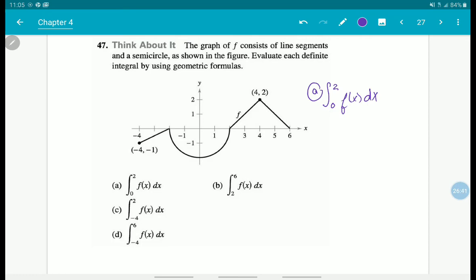So we are integrating from 0 to 2 of f of x, which ends up being this piece. So this guy is a quarter of a circle. We know area of a circle is pi r squared. We want 1/4 of that. And because it's below the x-axis, we're going to get a negative number.